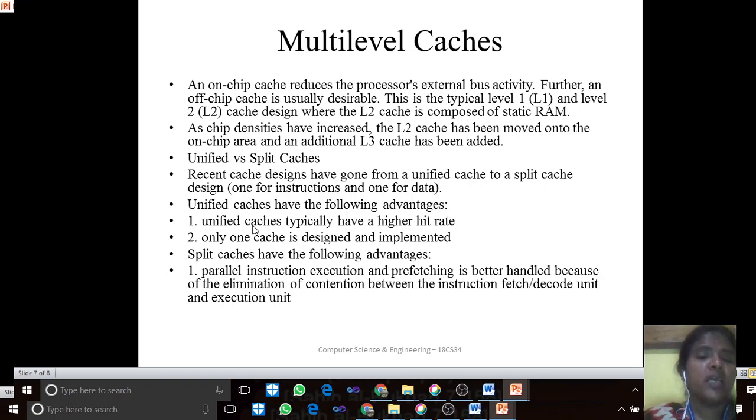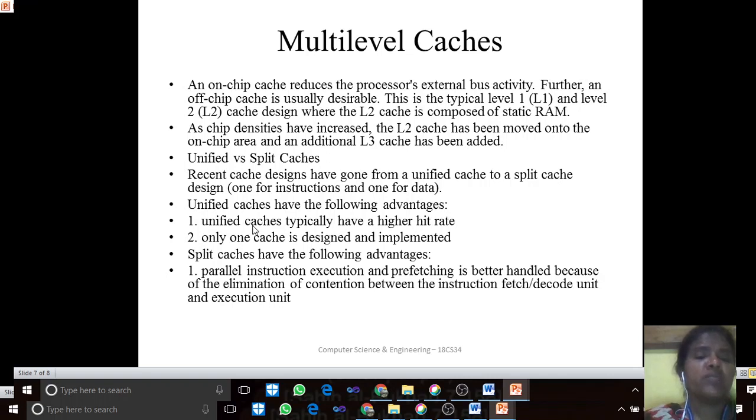Now let us see the difference between unified versus split caches. Recent cache designs have gone from a unified cache to a split cache design, one for instructions and one for data. A split cache is divided into two parts. Unified caches have the following advantages: they typically have a higher hit rate, and only one cache is designed and implemented.